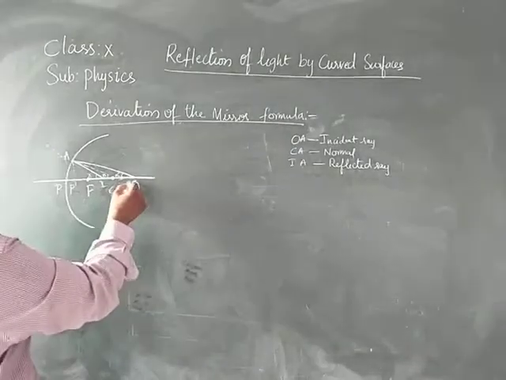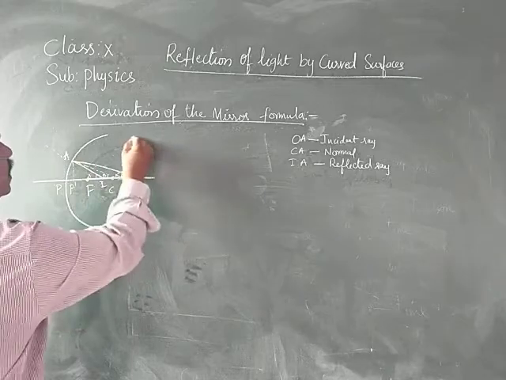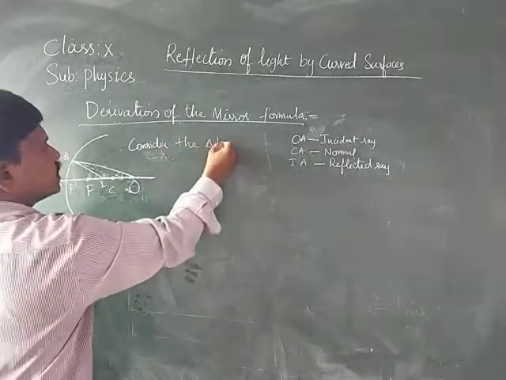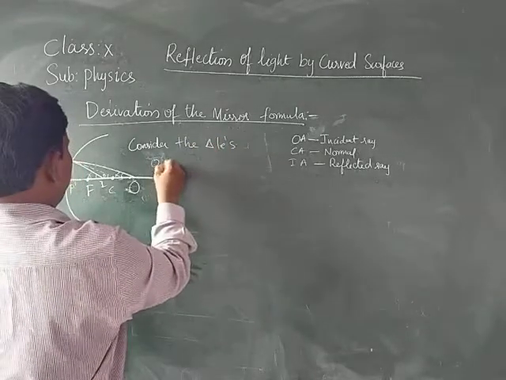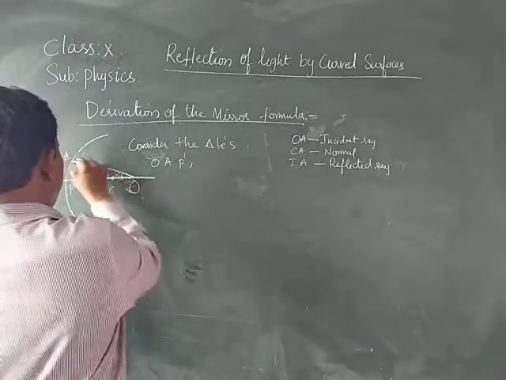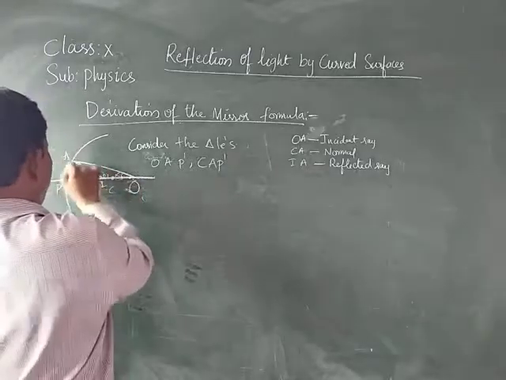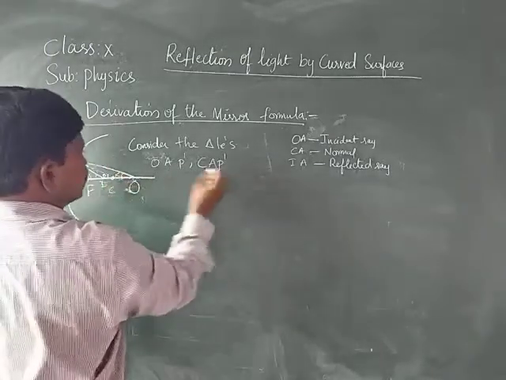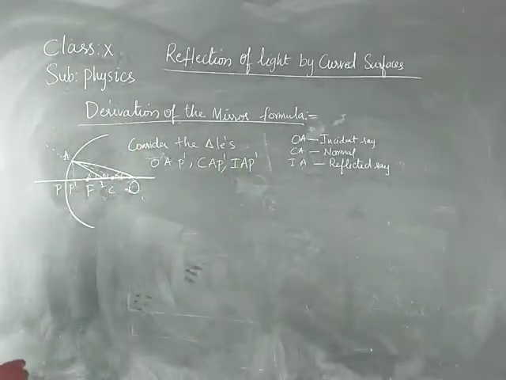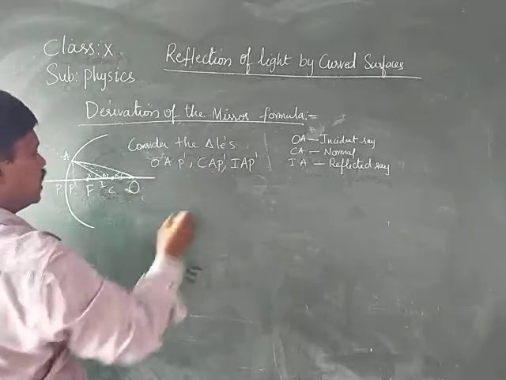Now see here, we have three triangles: OAP dash, CAP dash, and IAP dash.